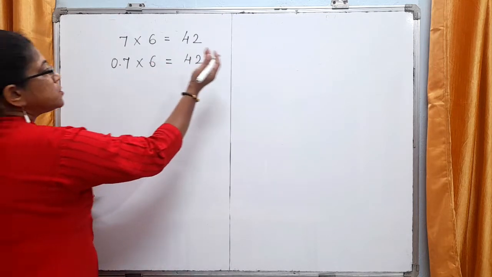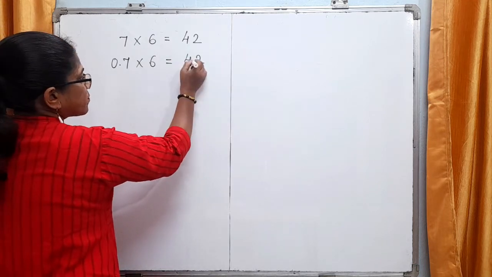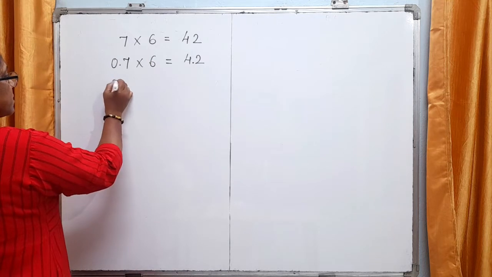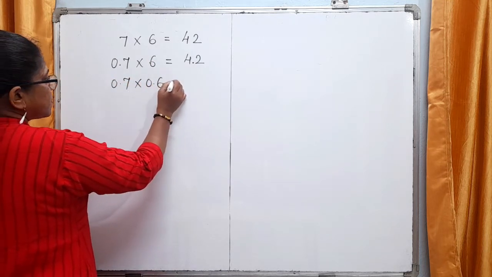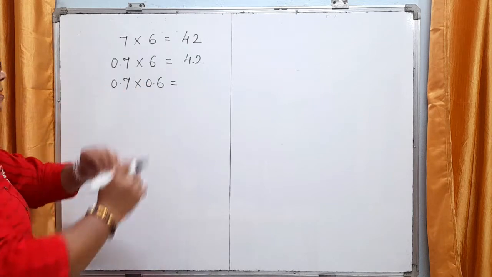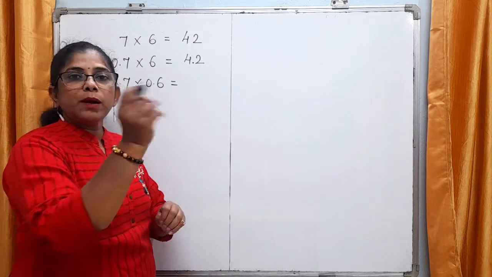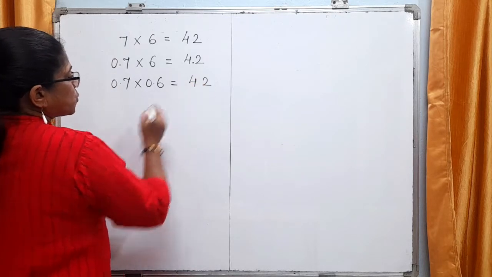1. So we have to count from the right-hand side. 1, the point will come here. Same if it is like this: 0.7 into 0.6. Again, ignore the decimal point, multiply the numbers. 7 6s are 42.